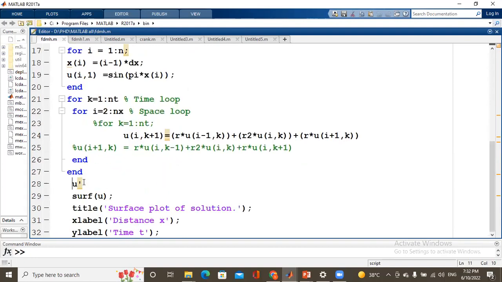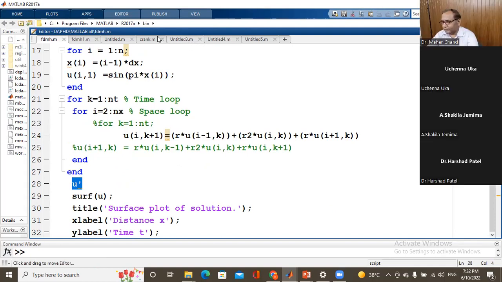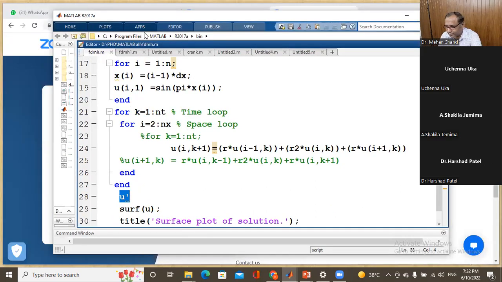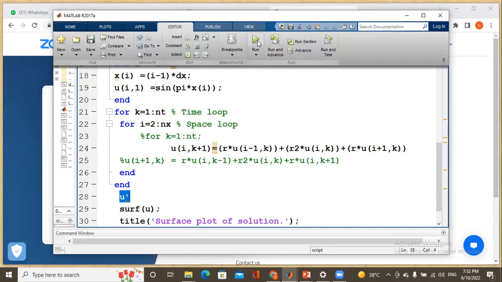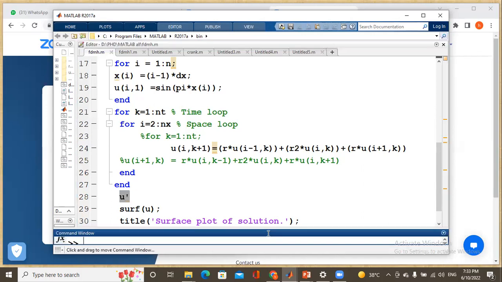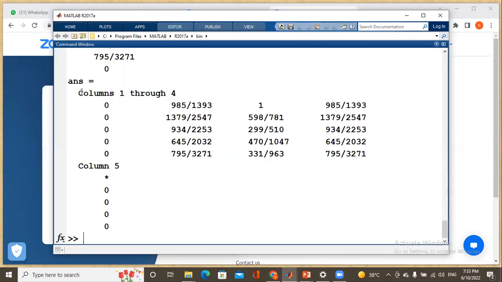Now the last one, suppose we write in a tabular form, then we write only u, and then we run this program, and easily we get the tabular form. As for example, we run this program, then we get the tabular form directly in an output box in the command window. So this is the tabular form, sir.